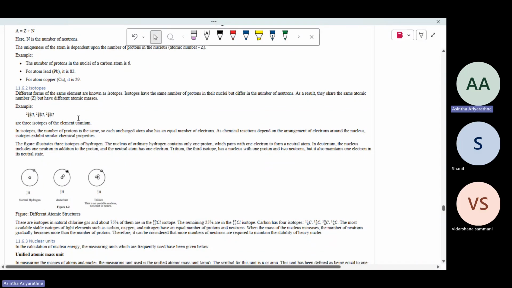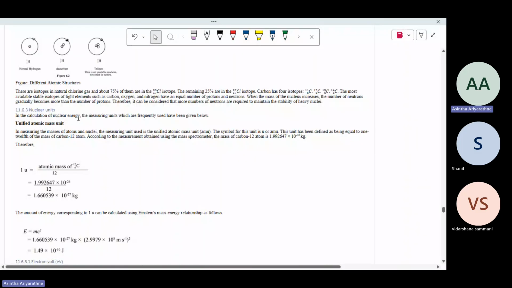Since the mass of these atoms is very small, you can see it is going to 10 to the power minus 25. Very small values, right? So it is inappropriate to use basic units such as kilogram or gram to measure those.